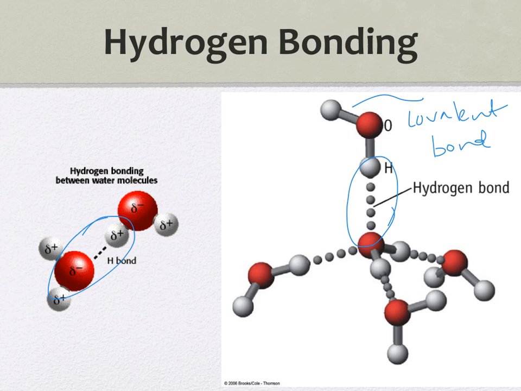Oxygen is so electronegative that it does a much better job at attracting the electrons in the chemical bond away from the hydrogen. So that leaves the hydrogen very positive, and then that attracts to the lone pairs that are on the oxygen atoms. You don't see them shown there, but there would be a lone pair here and here on every oxygen atom.